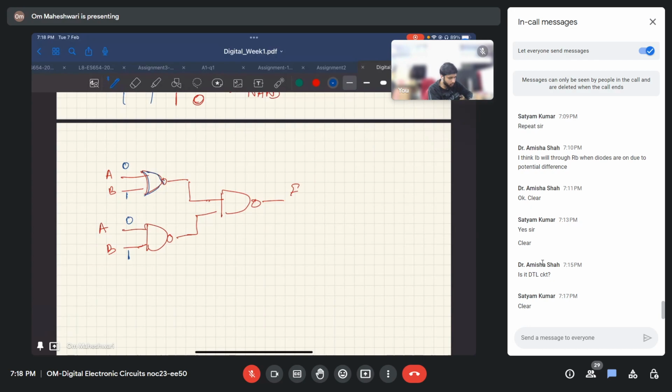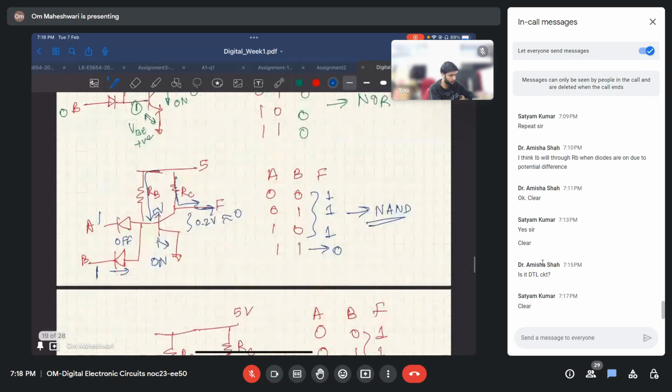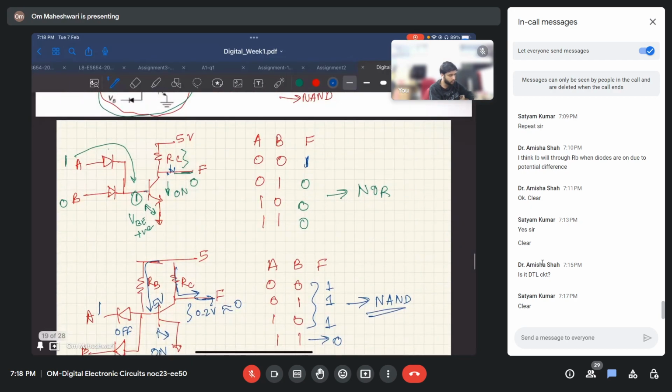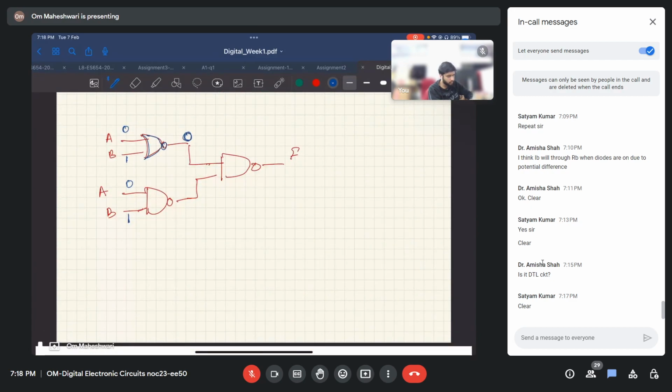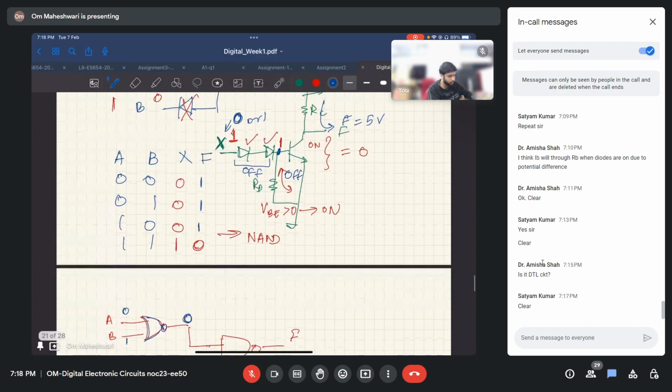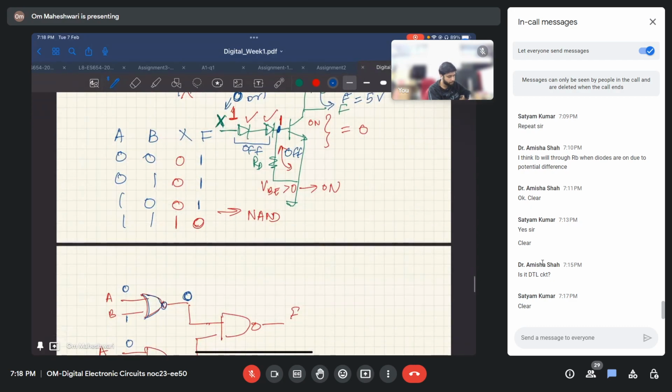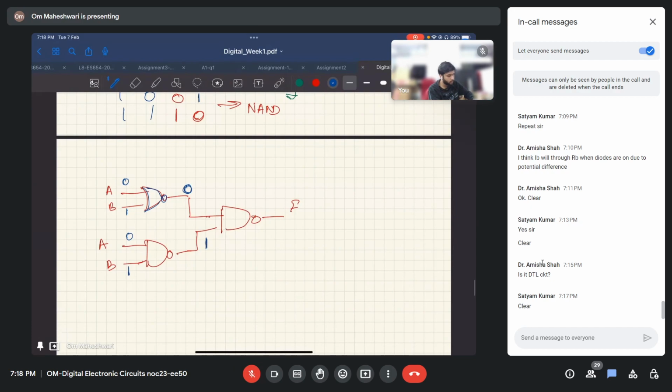For NOR, we have written already, right? For NOR, when it is 0 and 1, output is 0. So here it is 0. For NAND, when it is 0 and 1, output is 1. Here it is 1. Again it is 1. So output is 1, equal to 5 volts.